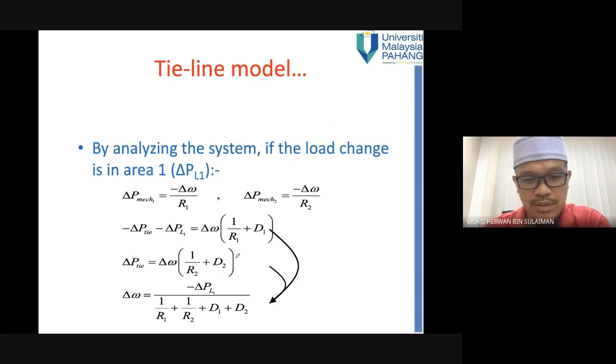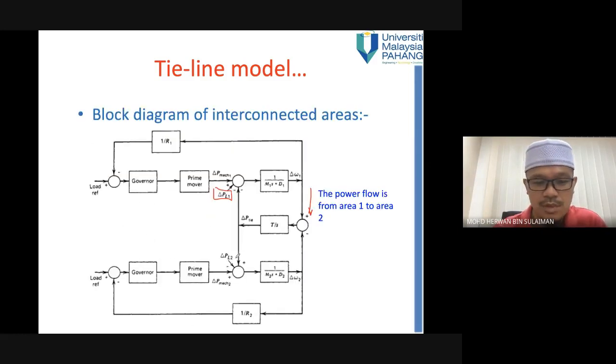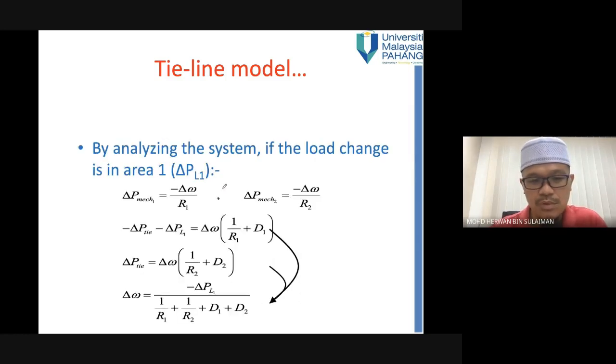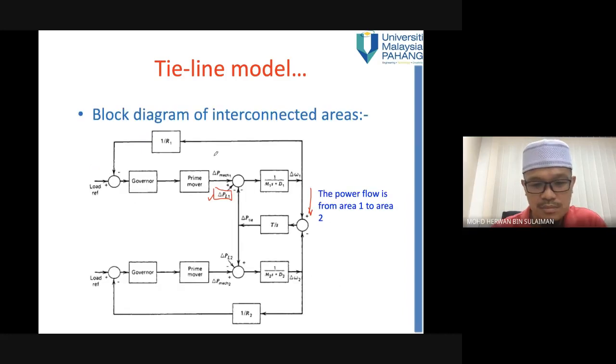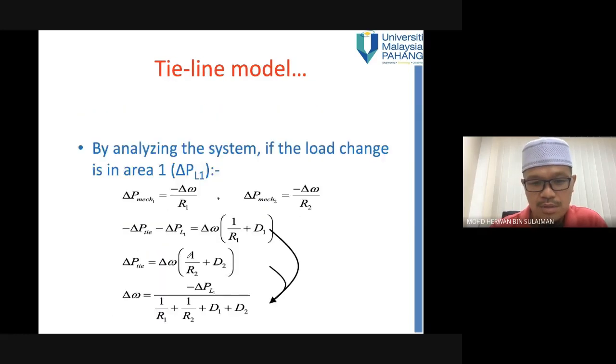So as we can see here, let's say we have the load change in area 1. Okay, this one, load change in area 1. So we know that our delta Pmech 1 is equal to minus delta omega over R1, and delta Pmech 2 is equal to minus delta omega over R2.